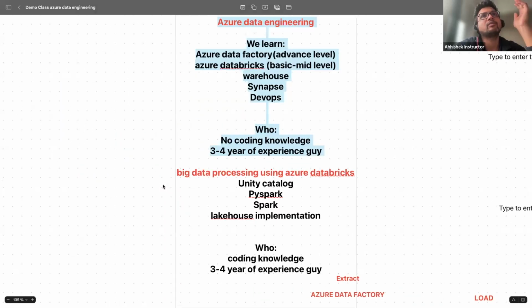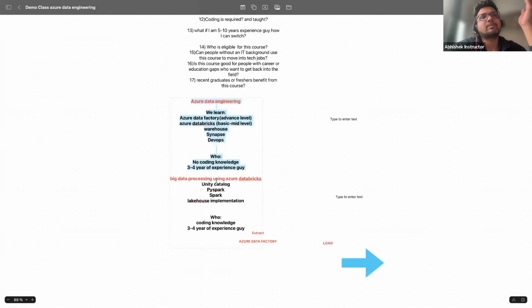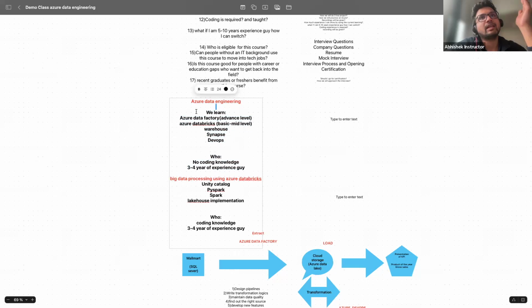In that case, that would be helpful for you, because you can learn Spark processing. Here it is basic to mid level, but you can enroll for another course, and then you can learn advanced Databricks as well, or you can enroll only for this course, and once you complete this course, you can enroll for the second course. That also you can do. Got it. Thank you.